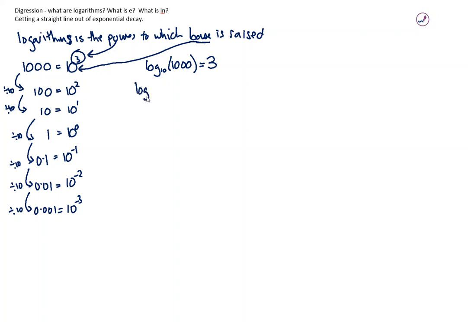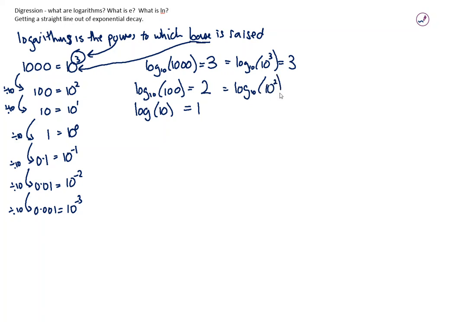The log to the base 10 of 100 is the power to which the base has been raised. So that's 2. The log to the base 10 of 10 is 1. Notice, I could have written that as log to the base 10 of 10 to the 3, ever so slightly differently, but it's the same thing.